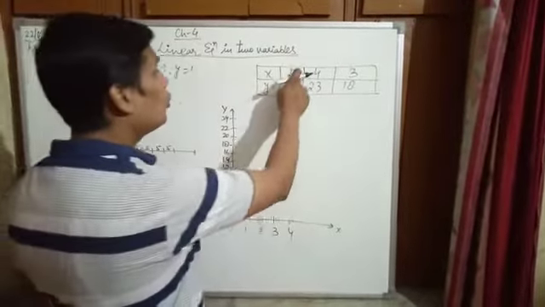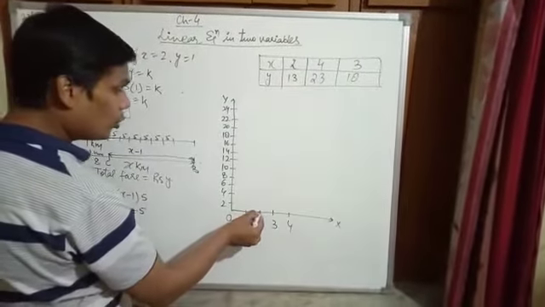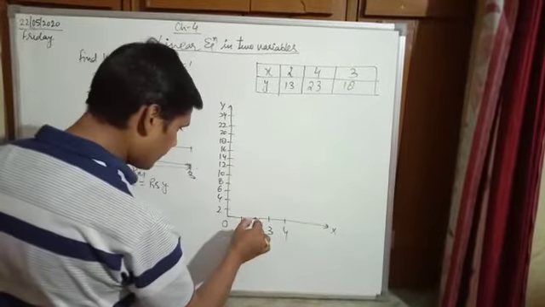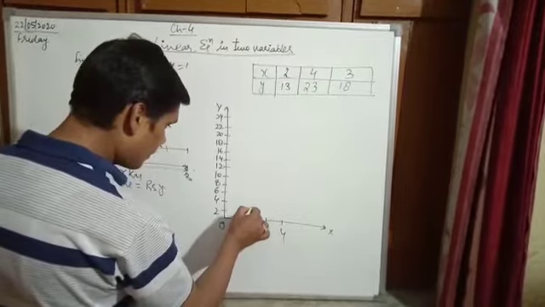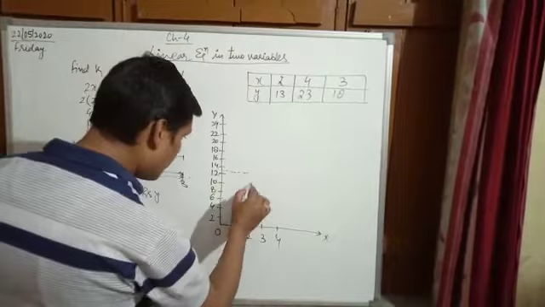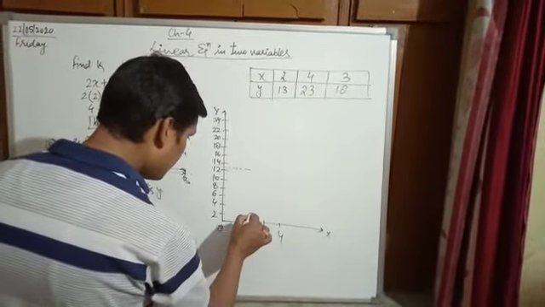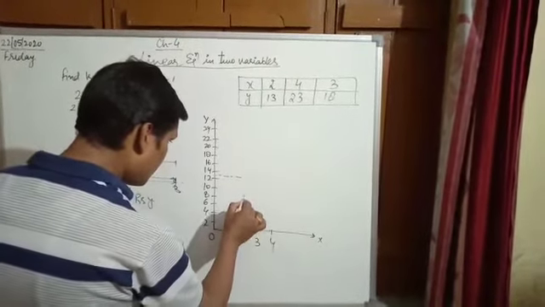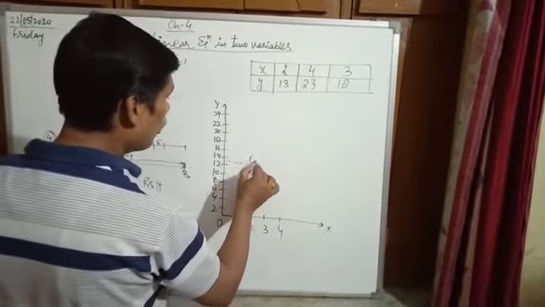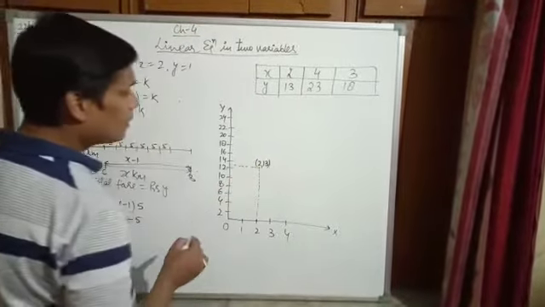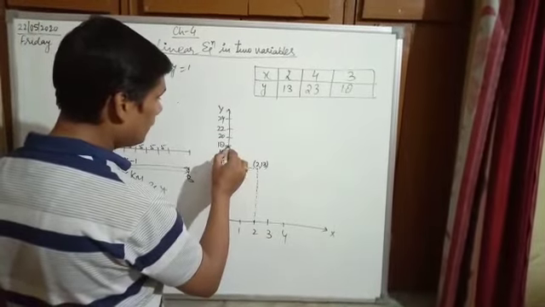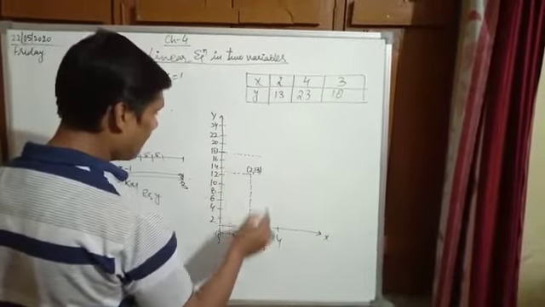Now, if x is equal to 2, then y is equal to 13. With 13 in between of this one, this point will be (2, 13). Similarly, the second point is (3, 18).